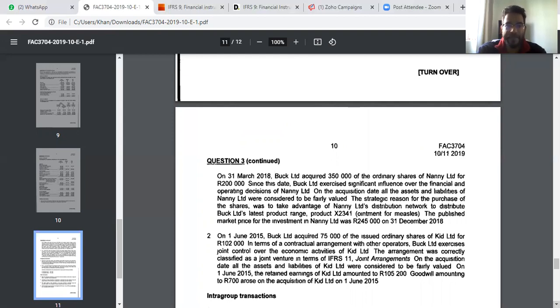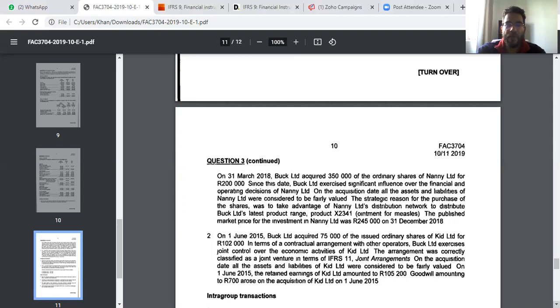Since this date, Buck Ltd exercised significant influence over the financial and operating decisions of Nanny Ltd. When we have significant influence, we have an associate. So Buck has an associate.